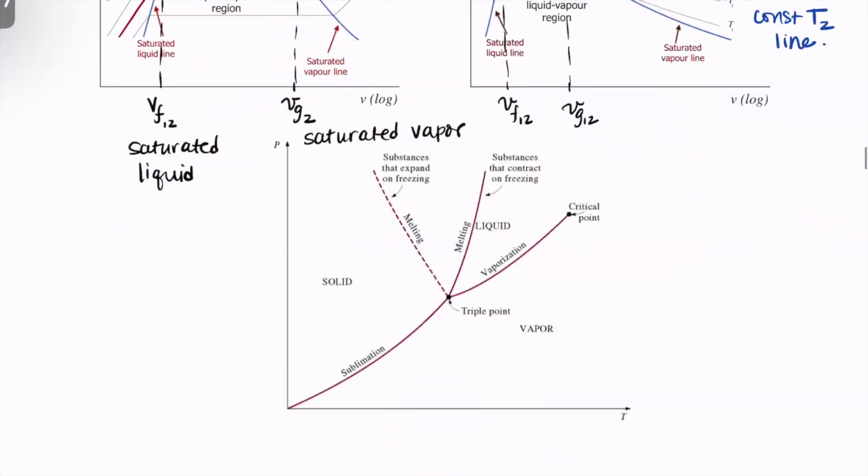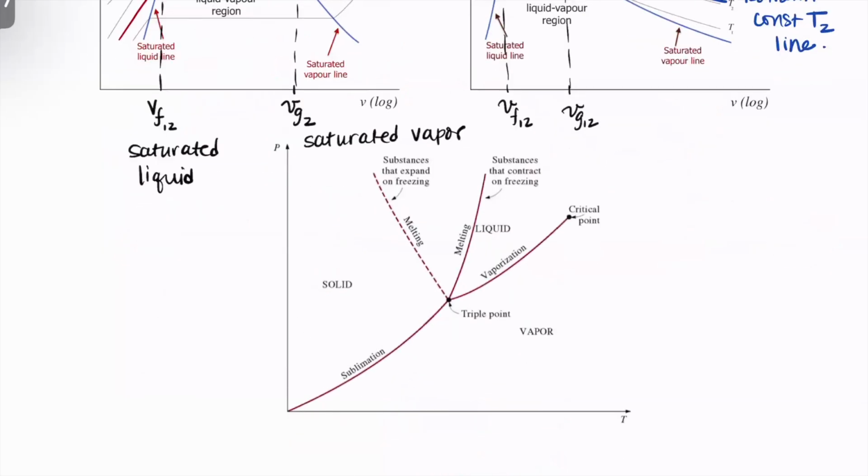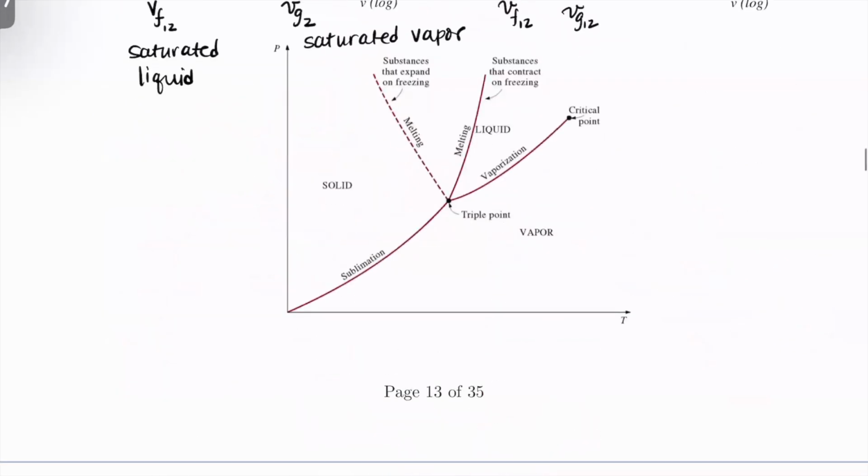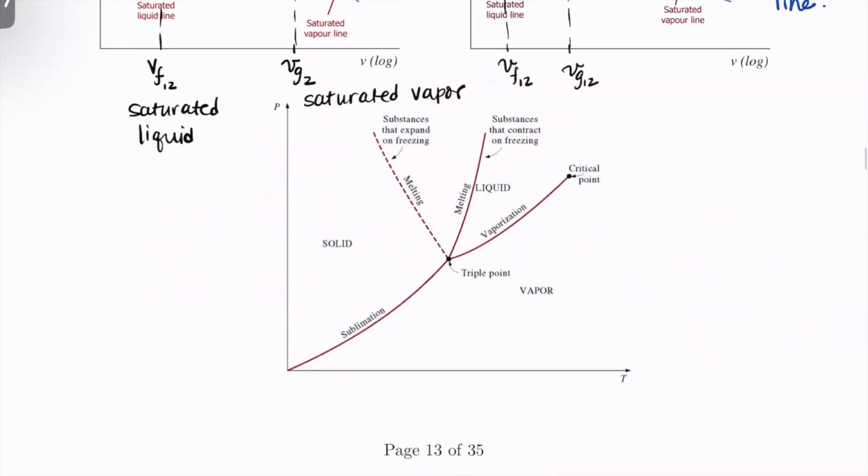Okay. Last but not least, a PT diagram gives us, and this is all for water, all these plots are for water, our saturation pressure and temperature.